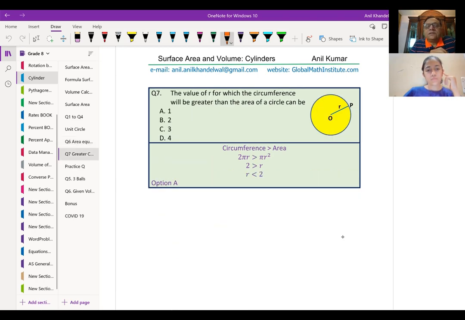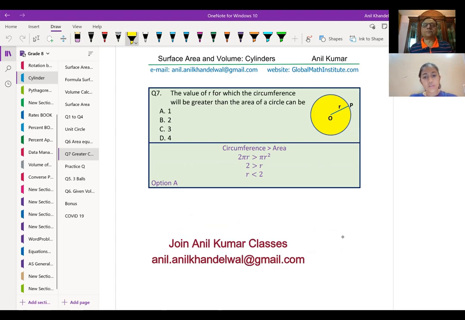Question number 7. Can you please answer this question? The value of r for which the circumference will be greater than the area of a circle can be what? Out of 1, 2, 3, 4.